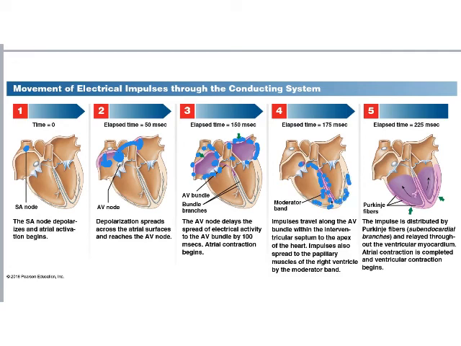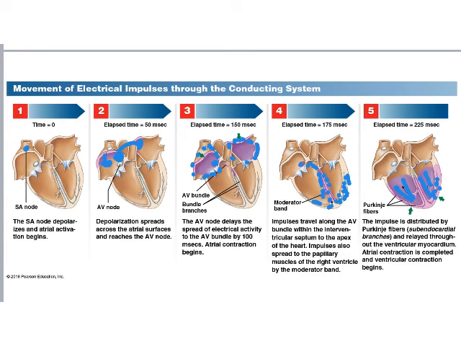And notice that there is no electrical signal, however, being transferred to the ventricles at this time. It's staying right along those conducting cells. That's because until the electrical signal gets to the Purkinje fibers, that electrical signal is not yet transferred to the contractile cells. So only here at the end, only after it's gotten to the Purkinje fibers, does it then spread throughout the ventricle to the contractile cells.